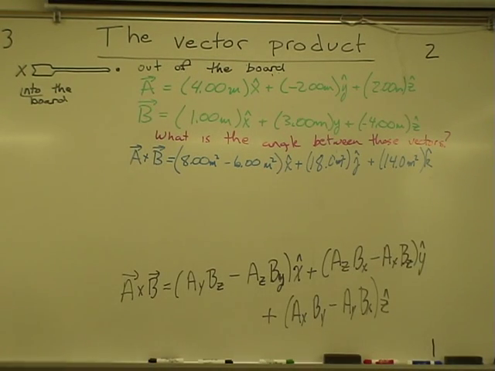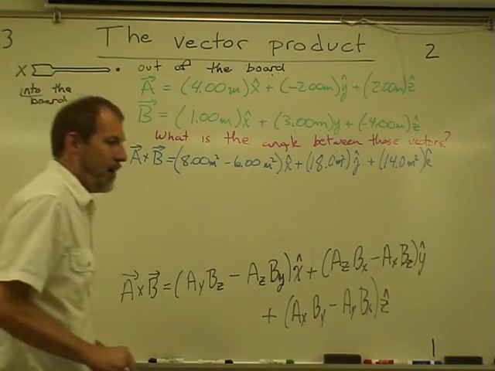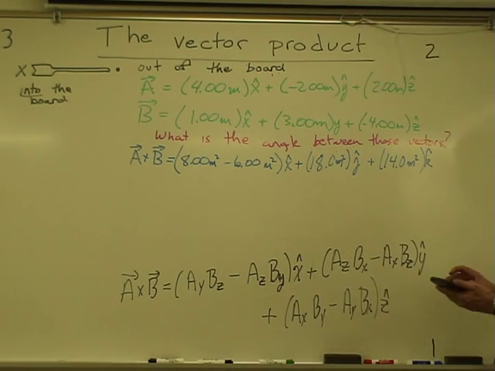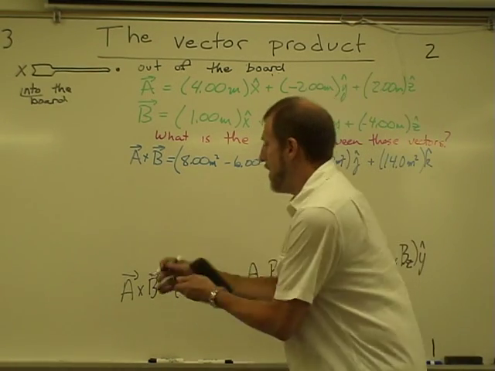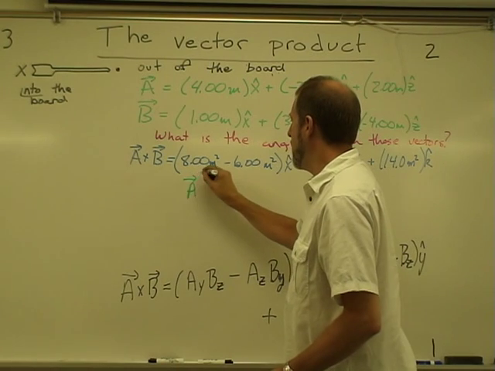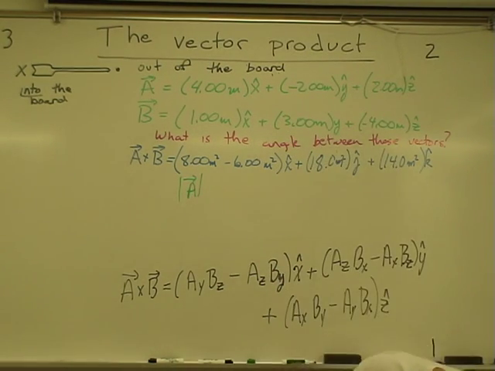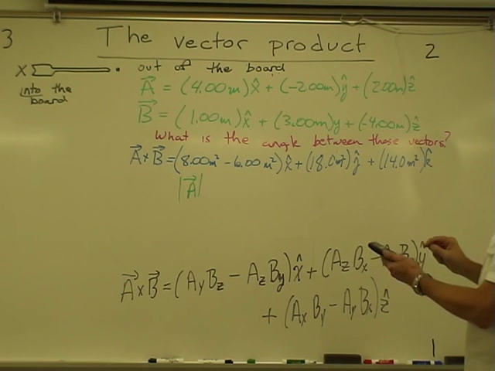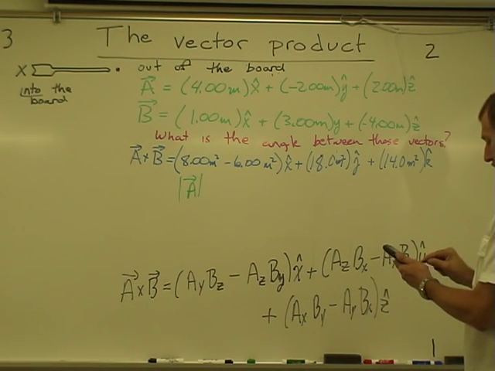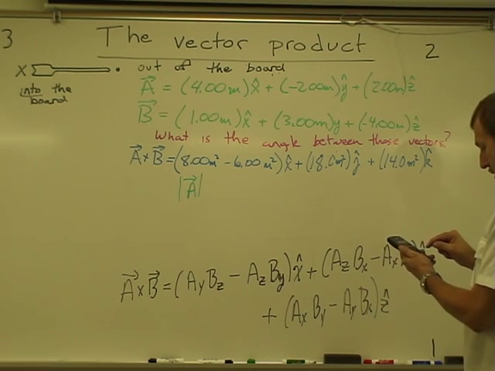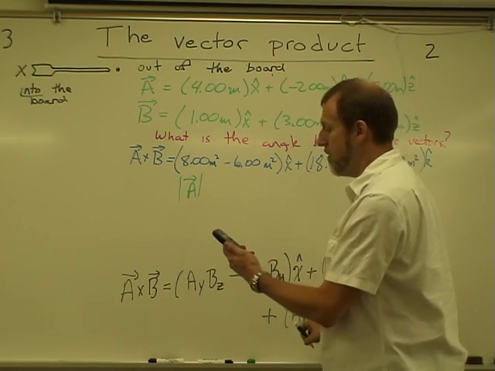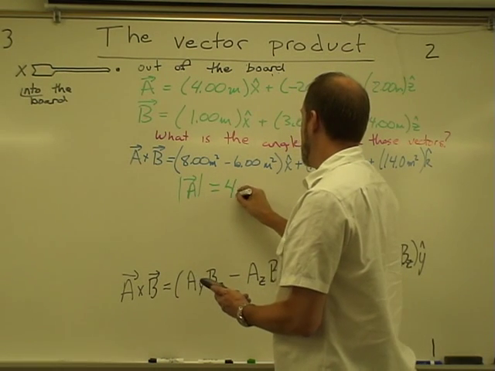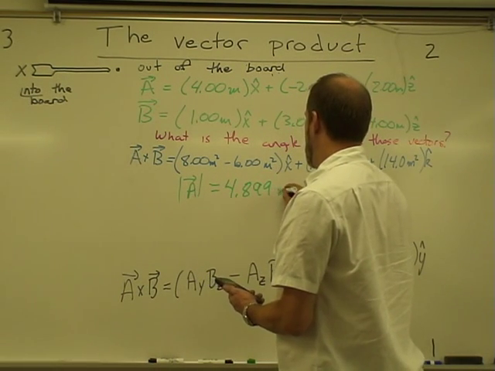I can look at this, and I remembered incorrectly where my calculator was, but after I see that, I can take the vector A and find that the magnitude of the vector A is equal to, let's call it 4.899 meters.